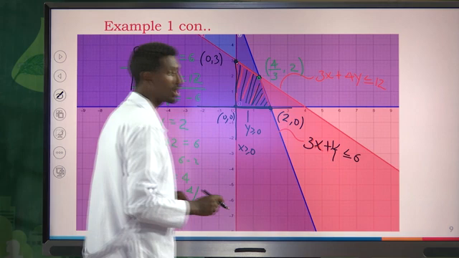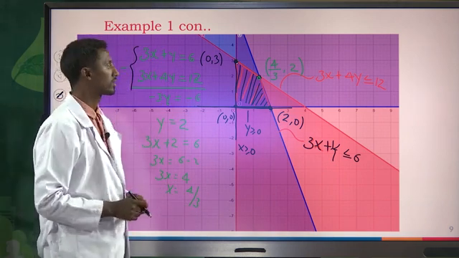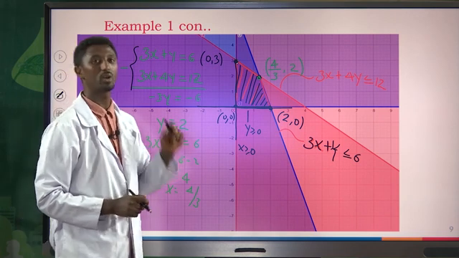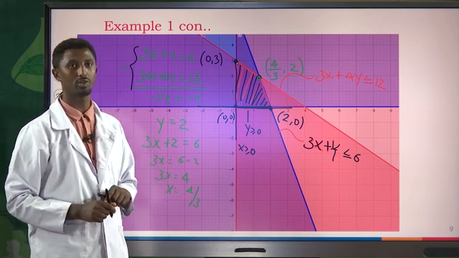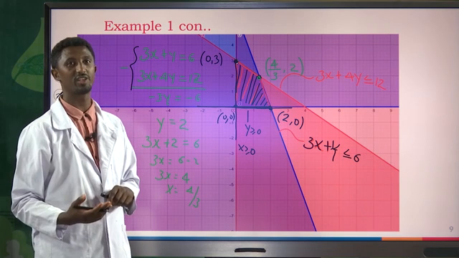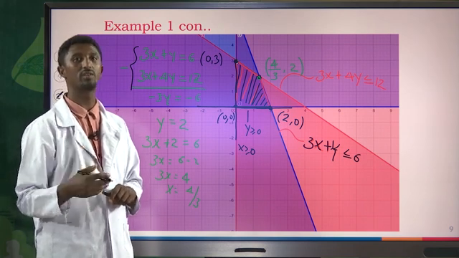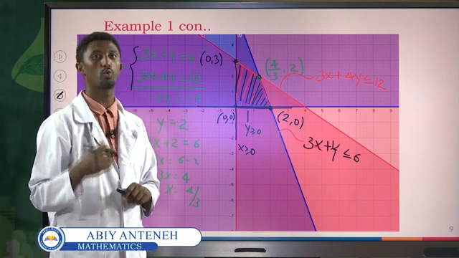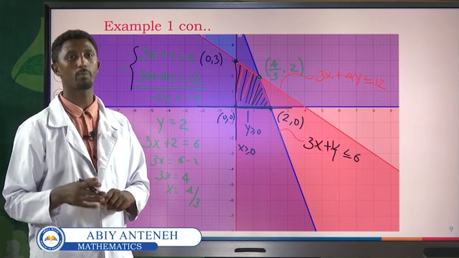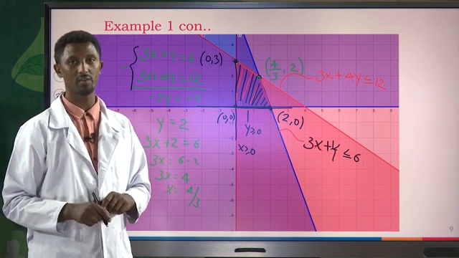So finding the optimal solution for a given linear optimization is evaluating the objective function at each of the corner points. If it is a maximizing problem, we'll identify which corner point gives the maximum value. If it is a minimizing problem, we'll find which corner point gives the minimum value for the objective function.